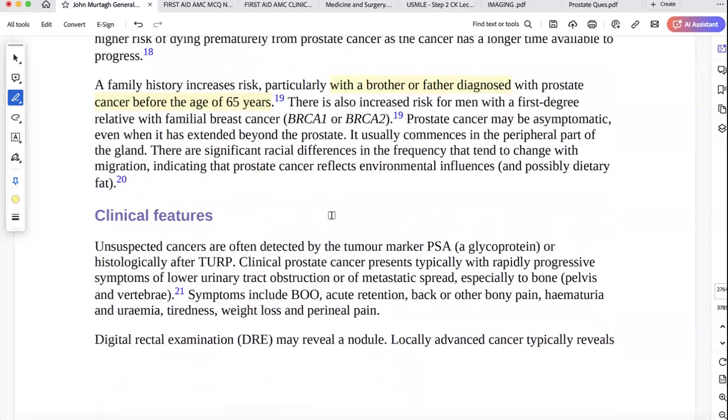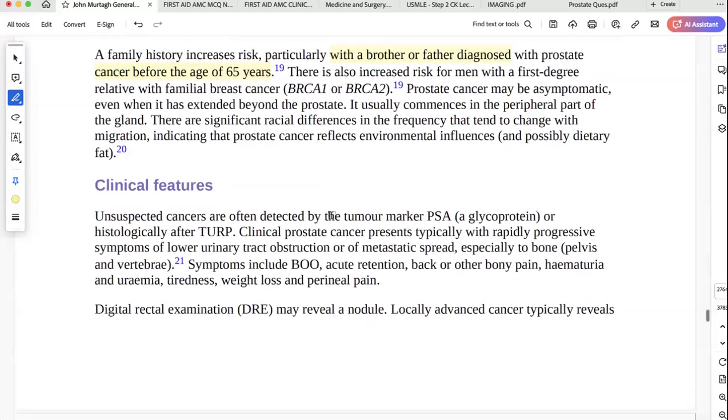It's not mandatory like bowel cancer or breast cancer. Someone who doesn't have any risk factor, there is no indication of doing a PSA. But someone who has risk, like a father or brother diagnosed before 65, for them, if they want regular screening, then yes, you can do regular screening with PSA.